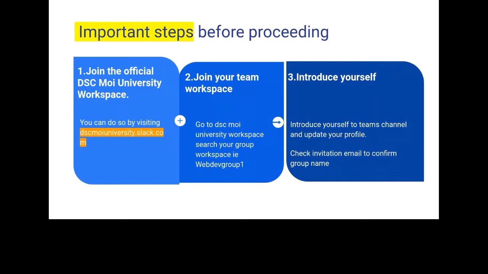If you don't know what group you are categorized into, just recheck your mail, refresh your mail, and read your mail through. You will get a link to a drive with the names of your team and your mentor, and all the details are there. If you're still not getting any mail, please contact me and the team. We will be here to help.